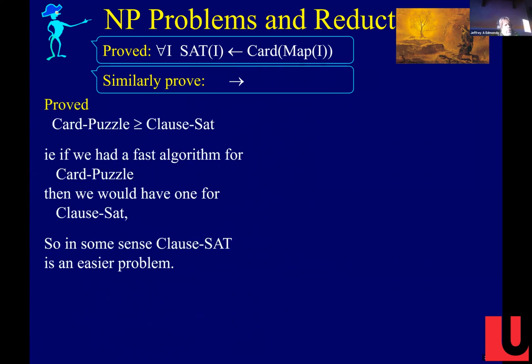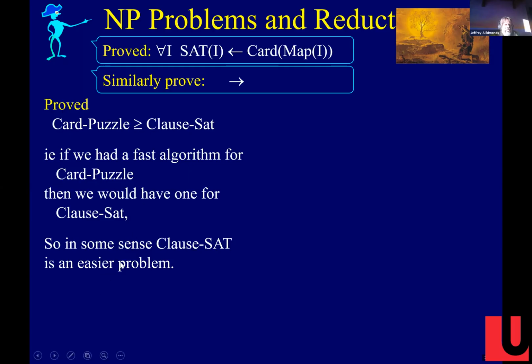Everybody good with that? And so the big picture is that what we tried to prove is that the clause problem isn't harder than the card problem. Why? Because if we had an algorithm for the card problem, then we would have an algorithm for the clause problem, right?